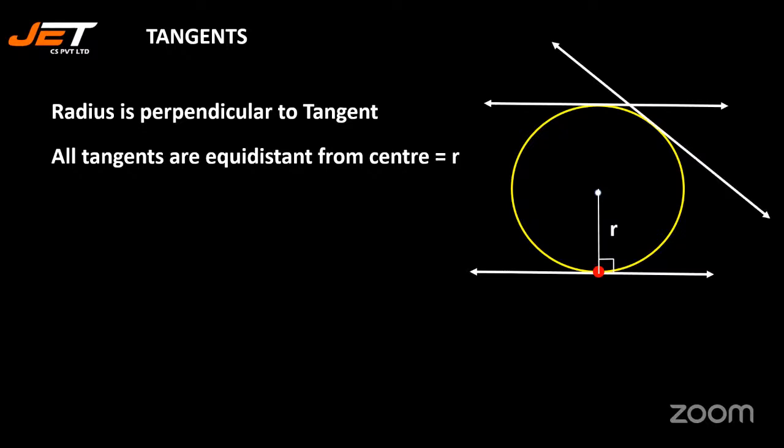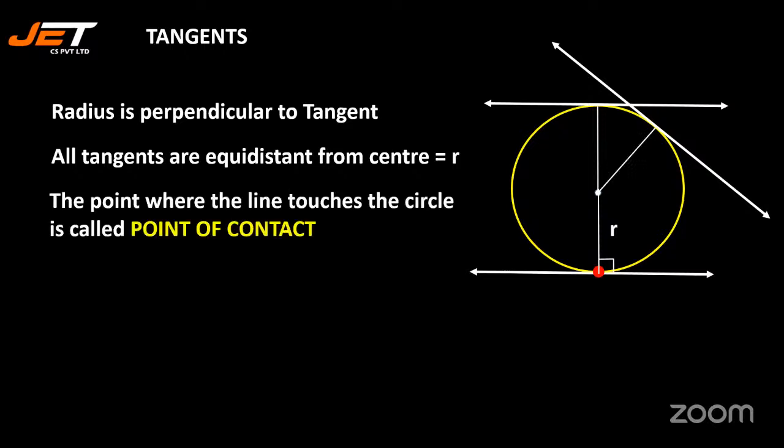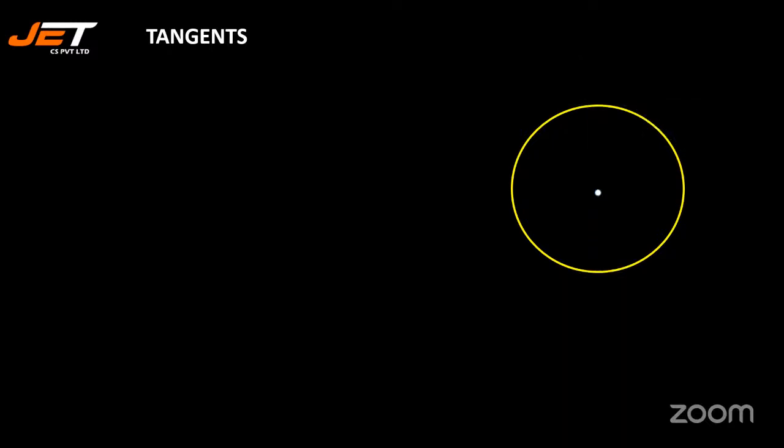You can see many tangents which touch the circle at just 1 point. The point where the line touches the circle is called the point of contact.